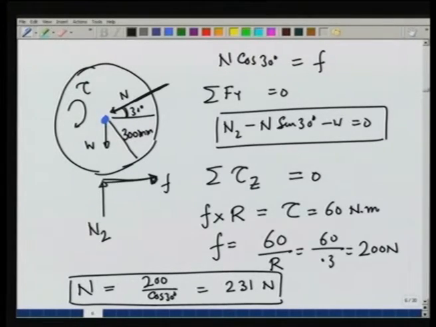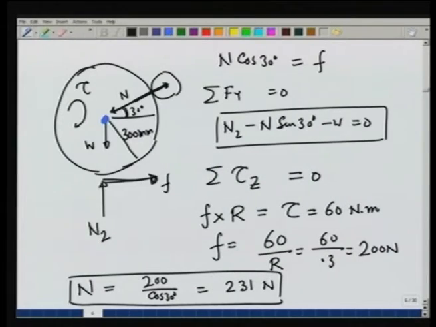So, the force by the roller on the wheel is 231 newtons, and therefore, on the roller there will be a force by the wheel of the same amount 231 newtons, and that is your answer.